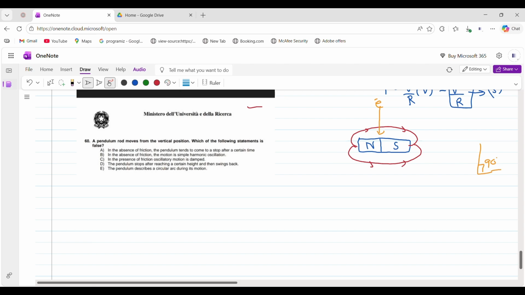The angle between the two components must be 90 degrees. So the direction of the magnetic field is this, okay, and the electron is entering perpendicular to it, which means like this, right? So we have made it correctly. Now we have to find which of the following statements would be false. That is basically the question.